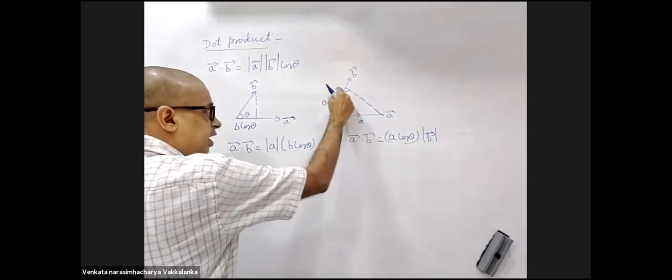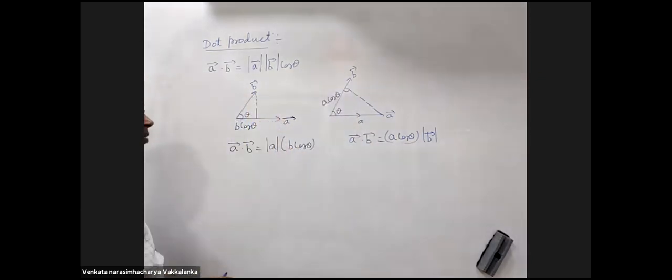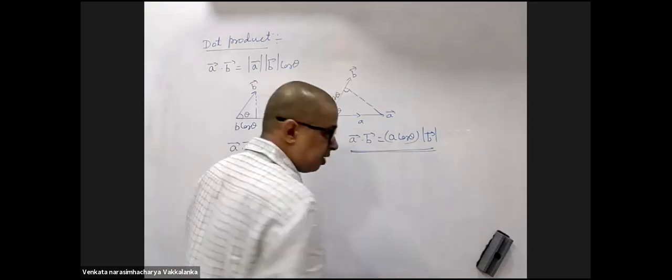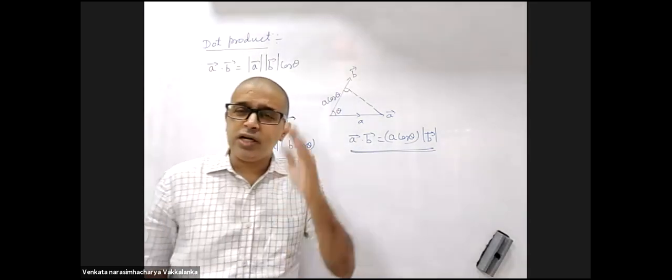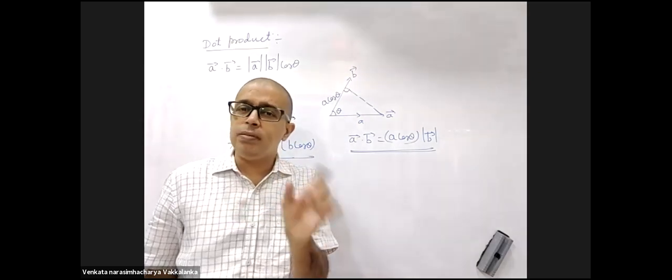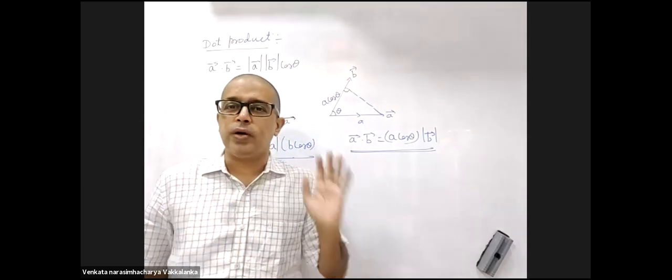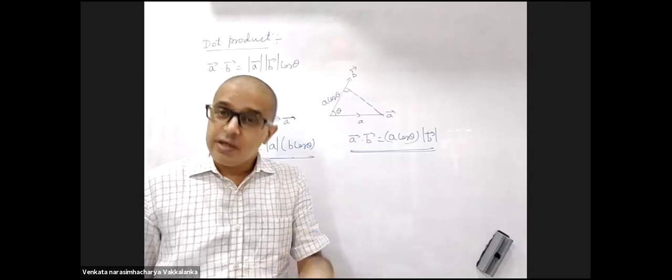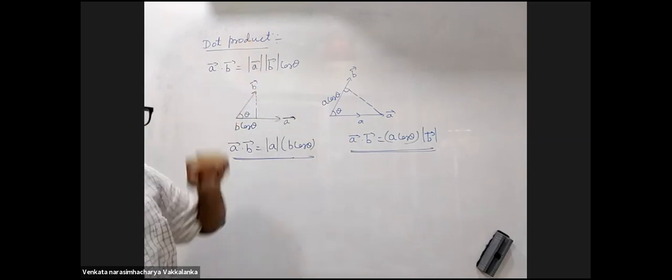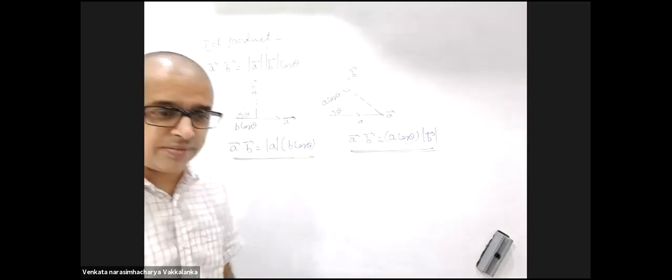Both of them will give you the same answer. Projection of one vector on the other vector and multiplying both the magnitudes is dot. If not, remember it as magnitude of A into magnitude of B into cos theta.